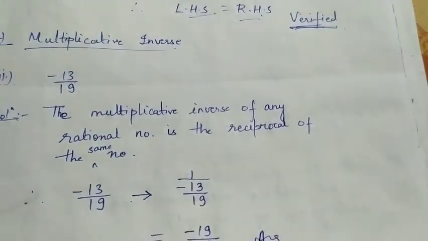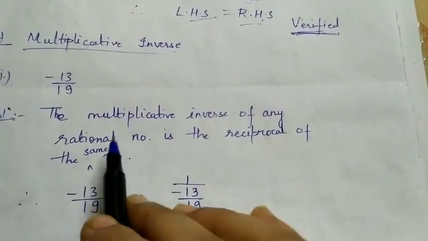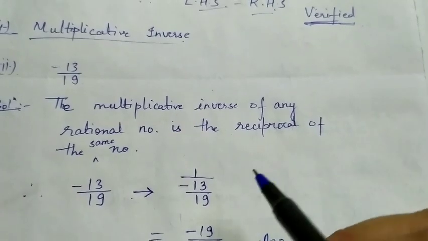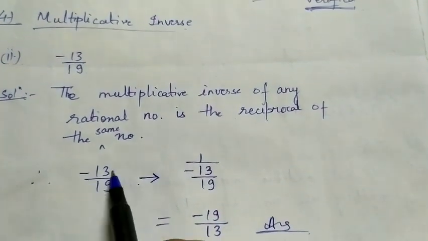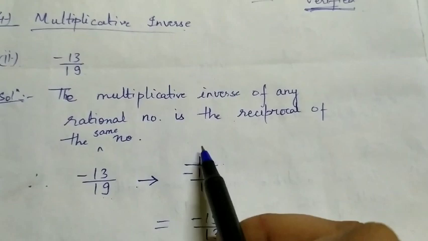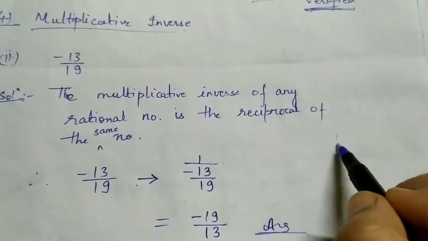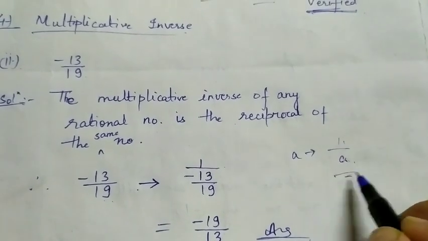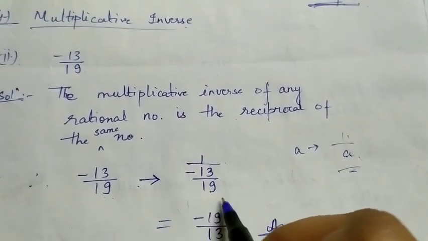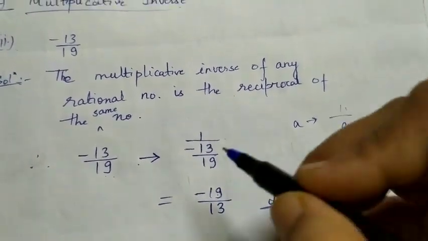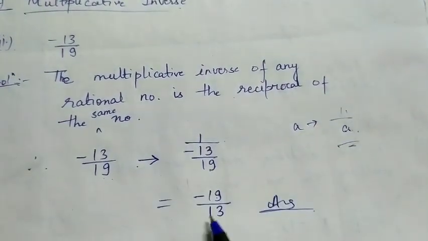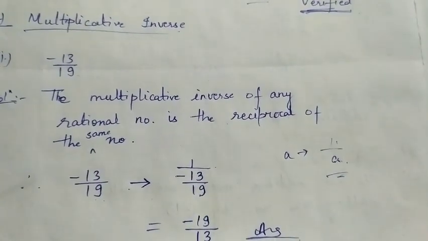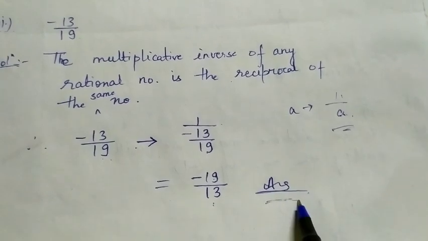You have to write the reason, why and how it is happening. So the reciprocal of anything is 1 upon it. So 1 upon minus 13 by 19 will be given as minus, and this will go up and that will be at the denominator part. So the multiplicative inverse of minus 13 by 19 is minus 19 by 13. So that is your answer.